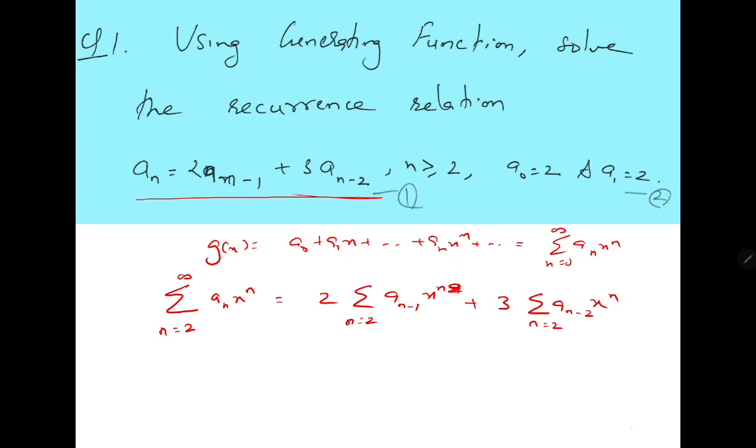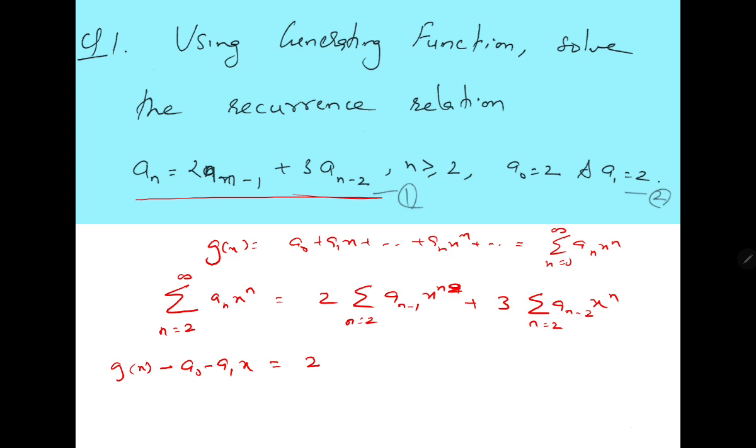Now if you see the first term, and I want to transform it in terms of g(x), then it has two terms missing, a_0 and a_1 x. So I add a_0 and a_1 x and subtract, so it becomes g(x) minus a_0 minus a_1 x.